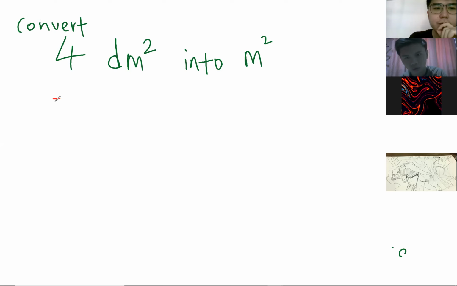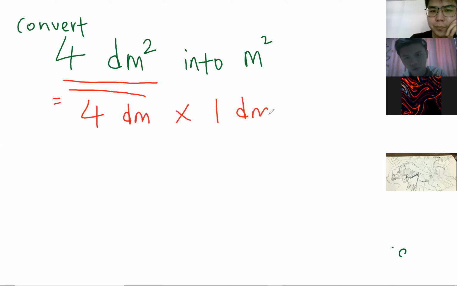Now 4dm square, you break it down. 4dm square means 4dm times 1dm. 4 times 1 equals 4, and dm times dm equals dm square, and that's when you get 4dm square. So I break it down like this: 4dm times 1dm.